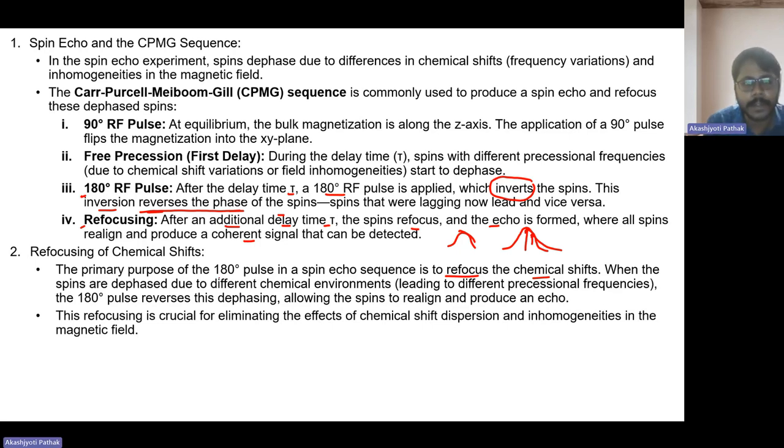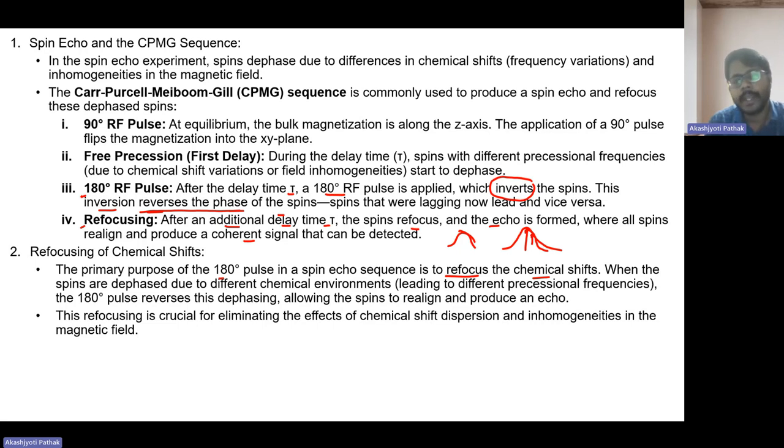Because of the field inhomogeneity, all of them will not come to the plus y-axis together. Just at the end of the 90-degree pulse, all of them will be together, but it is very difficult to measure the intensity at that particular time.